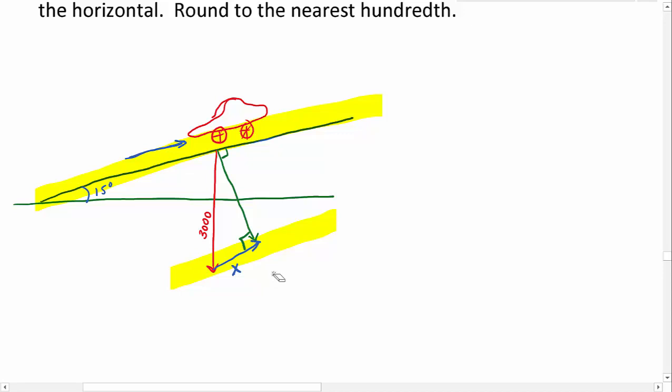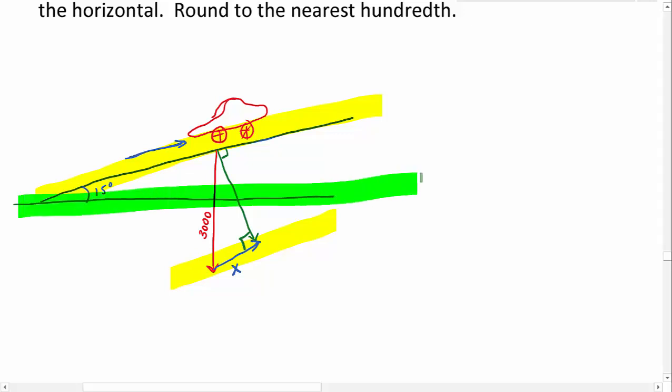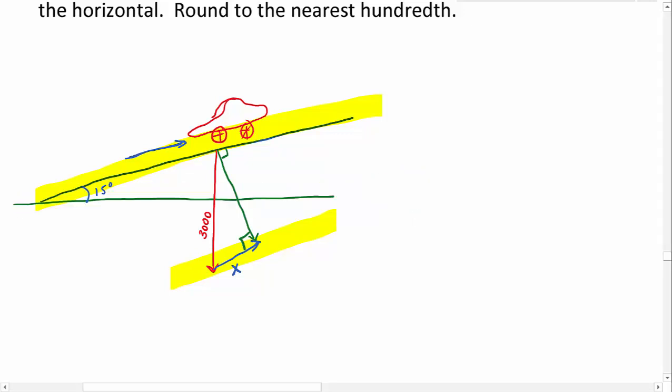Great. Also note, when I drew in that red vector, I told you that it was going perfectly straight down because that's how gravity works. And the original green line that I drew in here is the horizontal. So if my green line is perfectly horizontal and my red vector is perfectly vertical, that means that we have created a right angle right here.